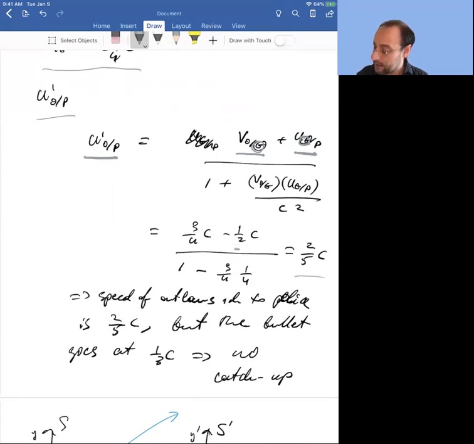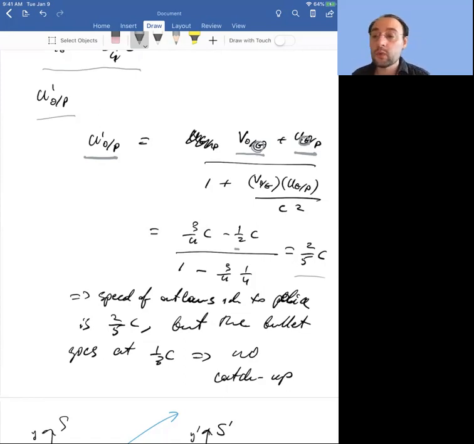So that's 0.4, that's 4/10, that's 40% of the speed of light. But the speed of the bullet relative to the police is 1/3 c, about 33%. So the bullet will not catch up.